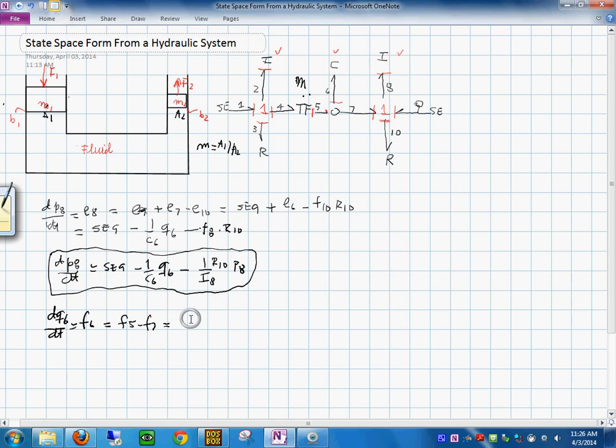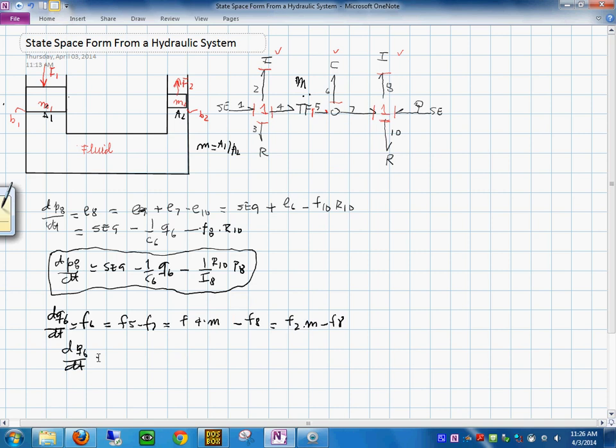But F sub 5 in this case is F sub 4 times M, and F sub 7 is F sub 8. So F4 is going to be F2, and then we got the second differential equation already.